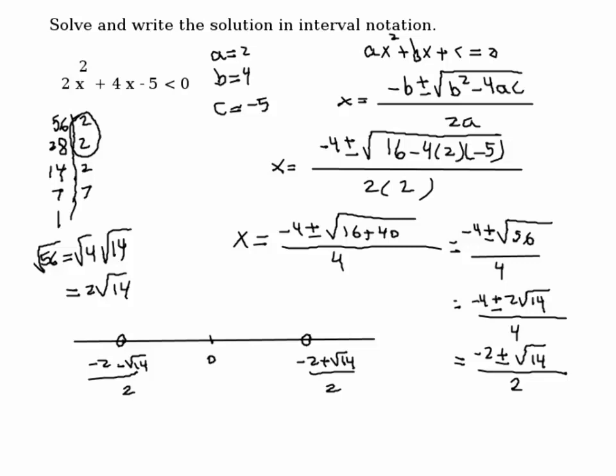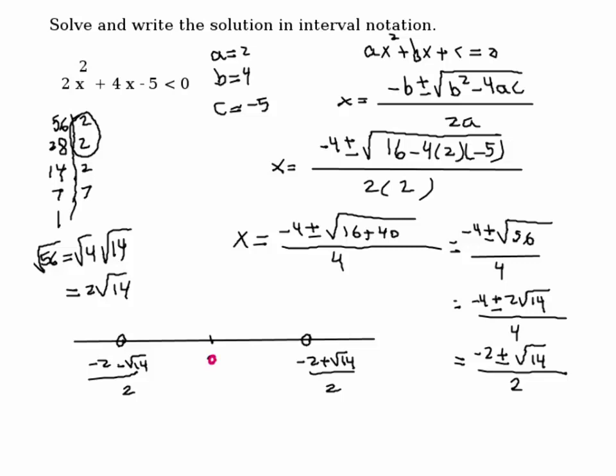To see if the solution is between these two roots or outside the roots, we need the test point. The best test point, easiest test point would be what here, anyone? What's the easiest test point for us to check? What number? 0 maybe?